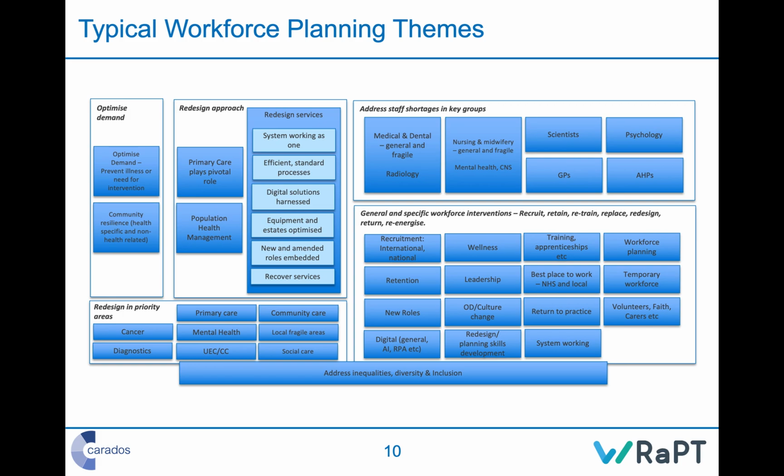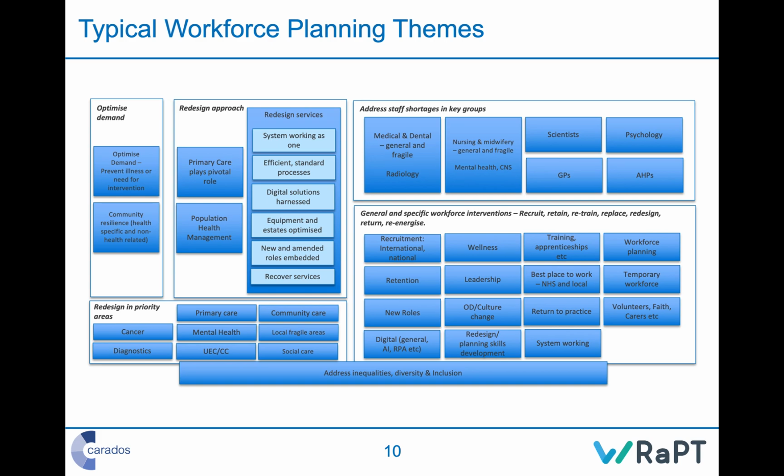Again, there are a number of fragile areas, mental health and cancer being two critical areas at the moment. But it could be any others. We're short of GPs, AHPs, psychologists, psychiatrists, scientists, any group really. AHPs haven't been mentioned. Yes, they have. So any of those groups, there are all sorts of shortages, generally and in key groups, podiatry for example in AHPs, and a whole range of others.